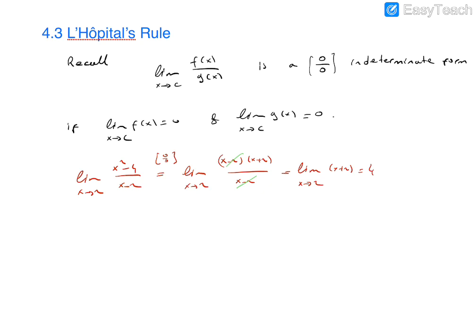But if both the numerator and denominator in the quotient are polynomials, you can use this idea. For example, when x goes to 1, if we have the limit of e to the power x minus e over x minus 1, we cannot use that strategy, because we cannot cancel a common factor.